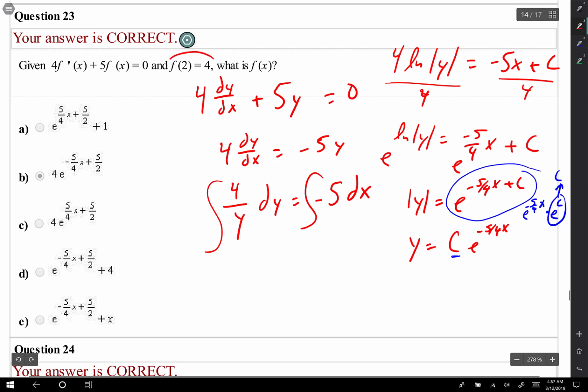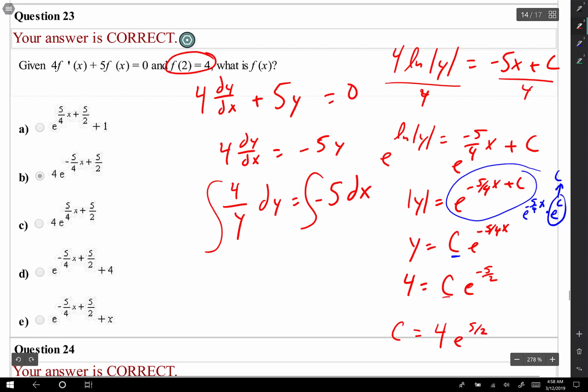So I have this here, 2, 4. So I'm plugging a 2 for x, and a 4 for y. So 4 equals c e to the negative 5 halves. So c equals 4 e to the 5 halves.